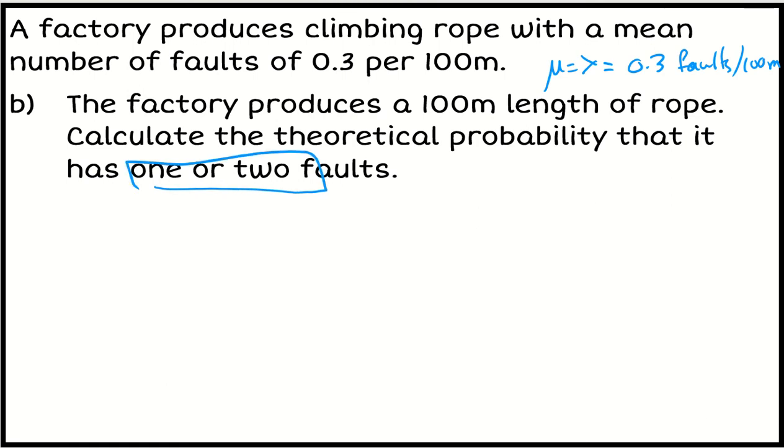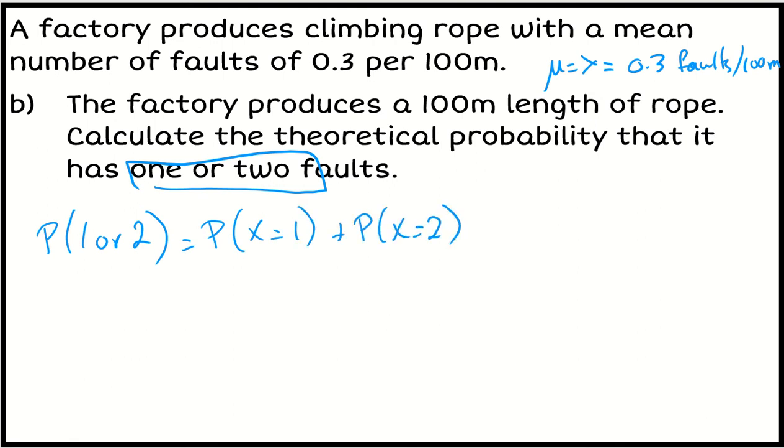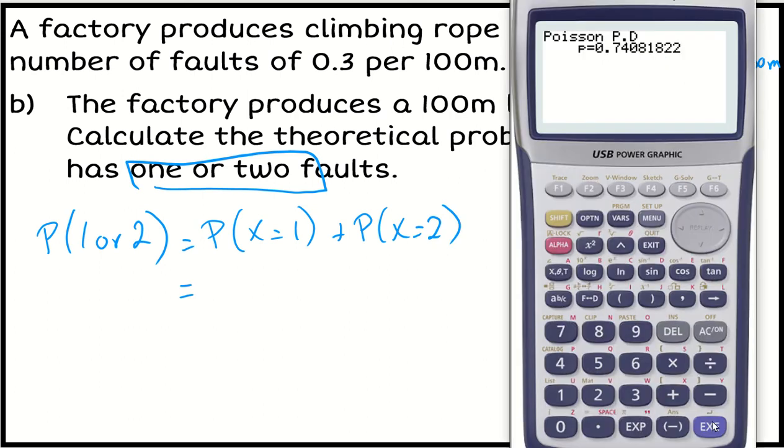So notice that word "or" in there: one or two. That means I need to add. So I want to find the probability of one fault, and I want to add to that the probability of two faults. So let's go to our calculator, and I'm still in the Poisson mode, so that's all good.